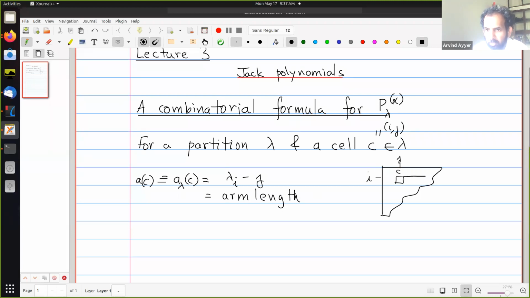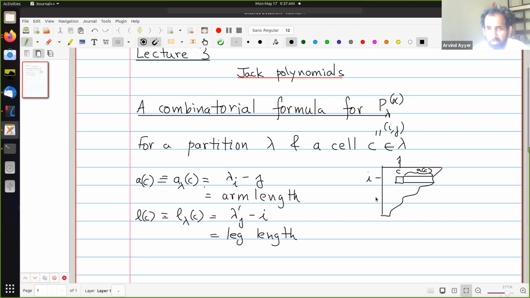Let me say what that is. You look in the same row to the right, and that is A of C. And L of C, which is again L lambda of C, is lambda prime j minus i. This is the leg length.